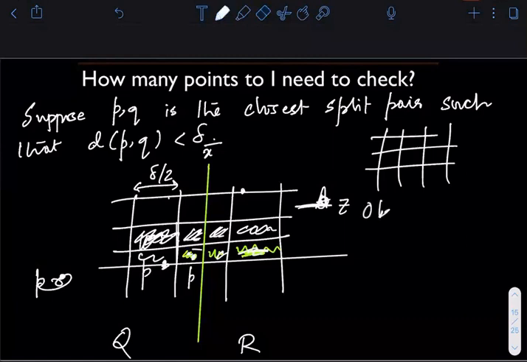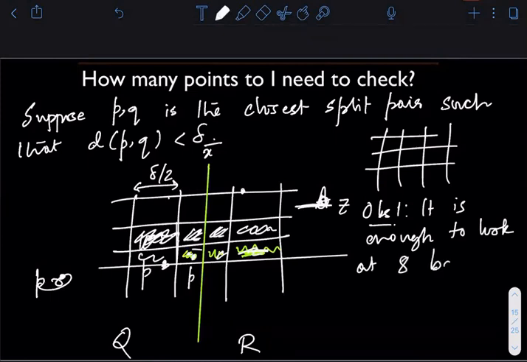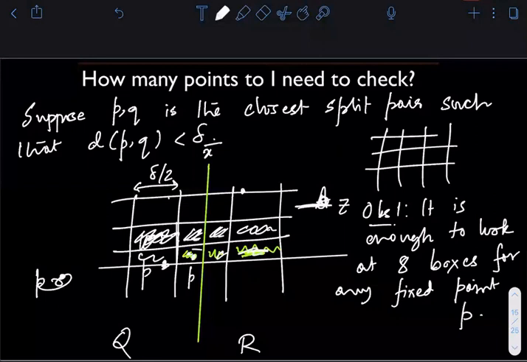So observation 1 is, it is enough to look at 8 boxes for any fixed point P. All we have realized so far is that for a fixed point P, I have to check these boxes.